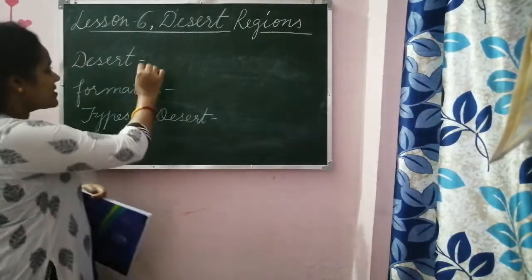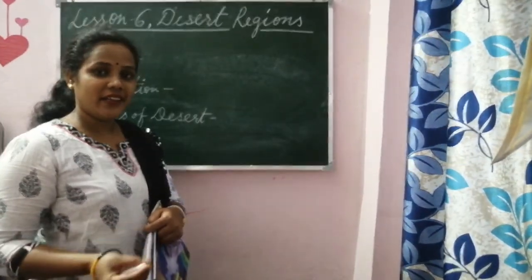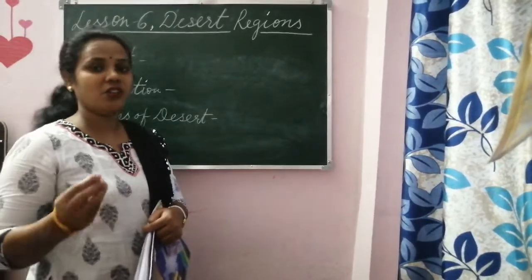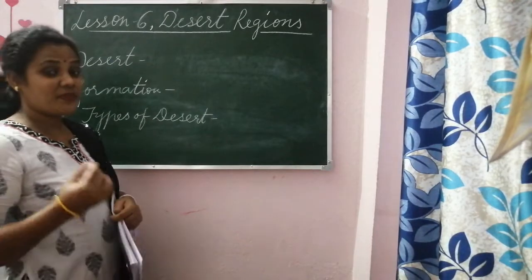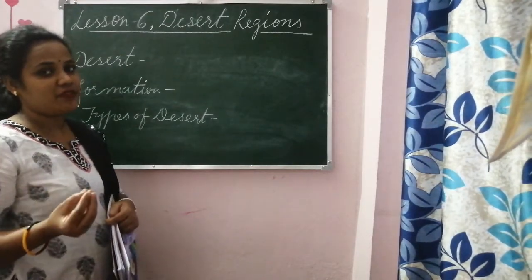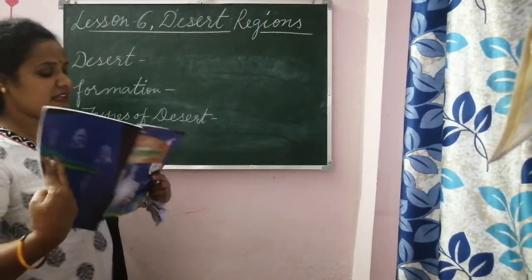So first, what is a desert? A desert is any land area, hot or cold, but getting very little precipitation. Precipitation means rainfall. How much? Less than 25 centimeter.